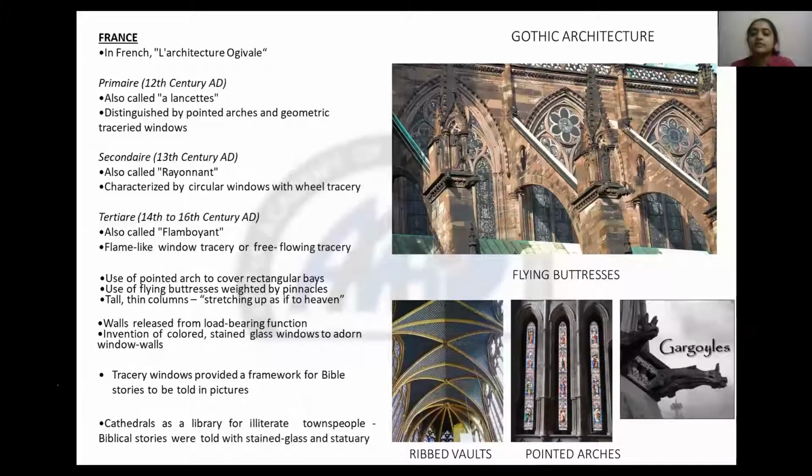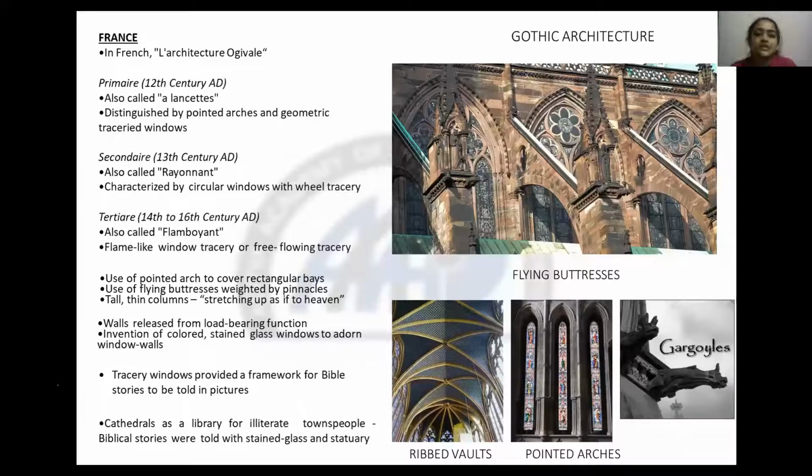If there is rain, the rain deposits on the roof, right? In order to take the water from the roof, the gargoyle acts as a water spout, or you can call it a gutter, so that the water flows through the gargoyle and comes down, and it doesn't affect the roof or leave stains.